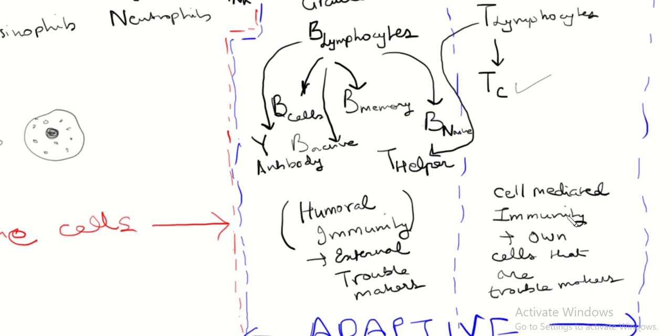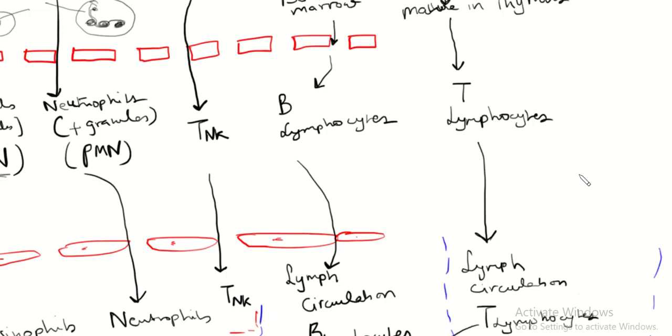Remember we had the adaptive immunity, and within that, we had troublemakers that are my own cells making trouble. So this constitutes cell-mediated immunity. Okay, and so these are the immune cells.